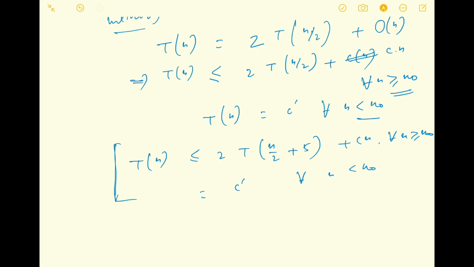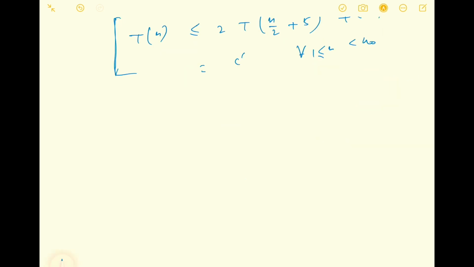Now you know that if this annoying 5 was not there, then the solution is big O of n log n, some constant times n log n. But this 5 is a constant, it cannot harm the running time much. So let's guess the running time to be Tn equal to big O of n log n. The first step is to guess the solution.